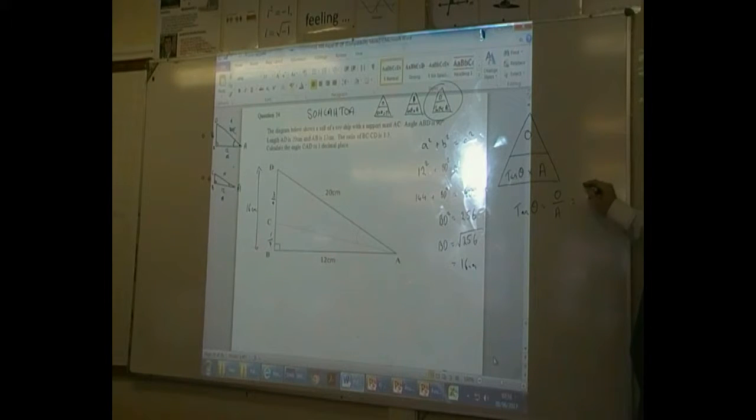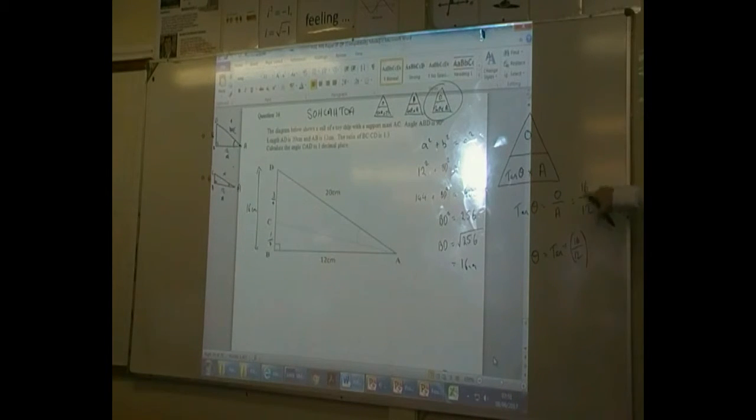So the opposite is, I'll do the top one, 16 over 12. So tan theta is 16 over 12, but I actually want to find out what theta is, so the angle, not the tangent of the angle. So theta is going to be, and we use the inverse, because I'm getting rid of it from this side, I'm getting rid of it from the other side, so I'm doing the inverse of tan. The 16 over 12.